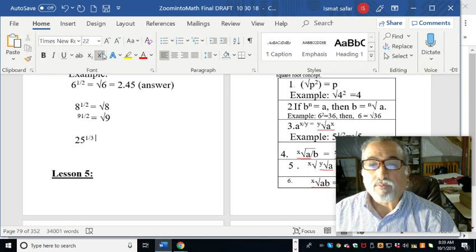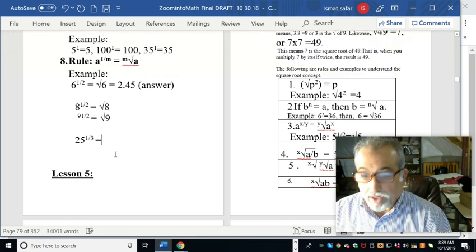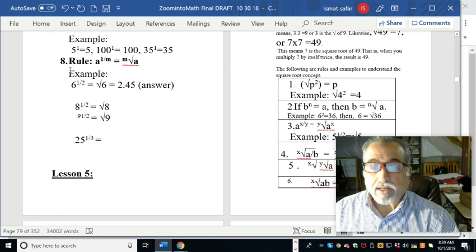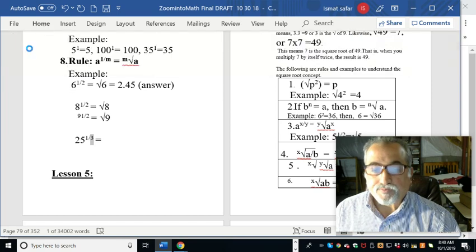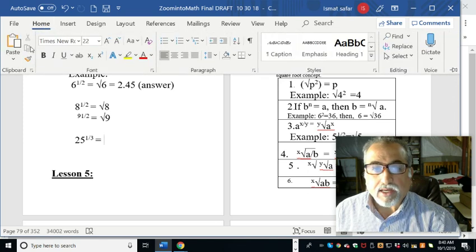Let me see, get this. This is a little bit of an expansion of the square root symbols. So it becomes like this. Bear with me.